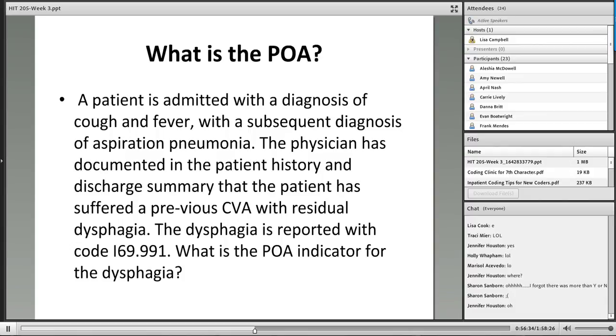I69, sequela of cerebrovascular disease, is on the exempt list. So all the codes that fall under the I69 category are exempt. Now you see why you've got to read these guidelines? Hint, hint, hint.